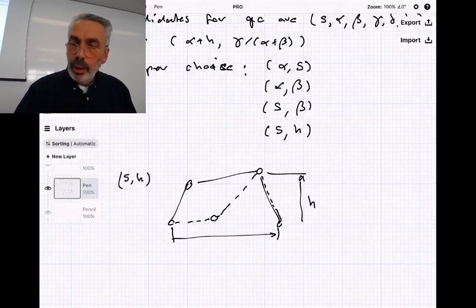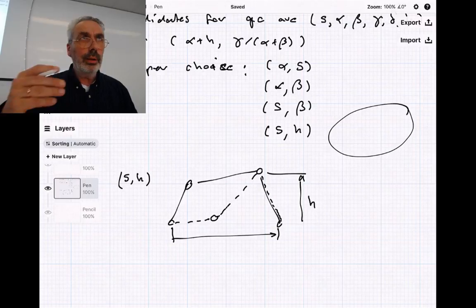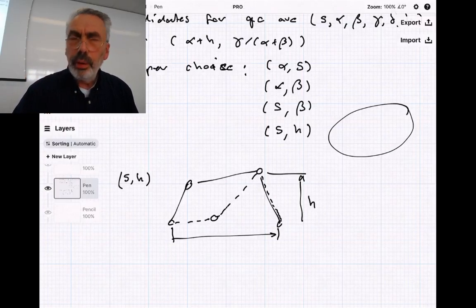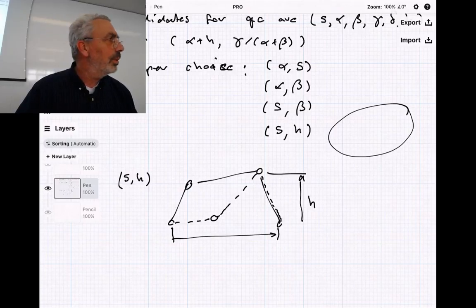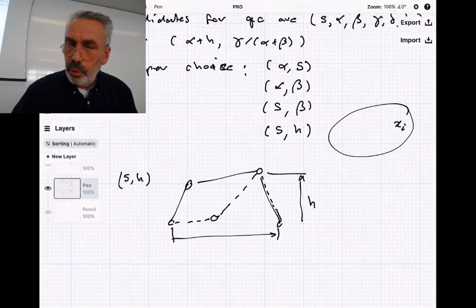If you put here the space, and everybody in middle school learned about these diagrams, the verzamelingen. What is it called in English? Sets. Set theory. So this is the set of all the center of mass coordinates, and this is the set of the generalized coordinates.